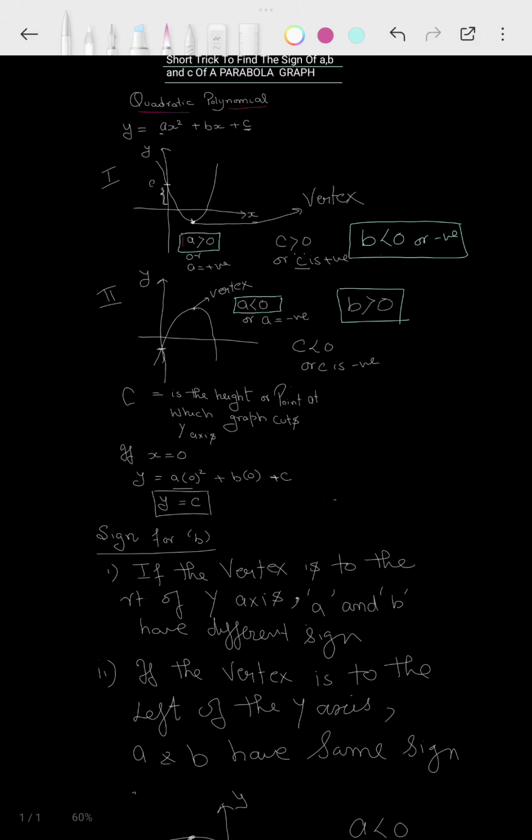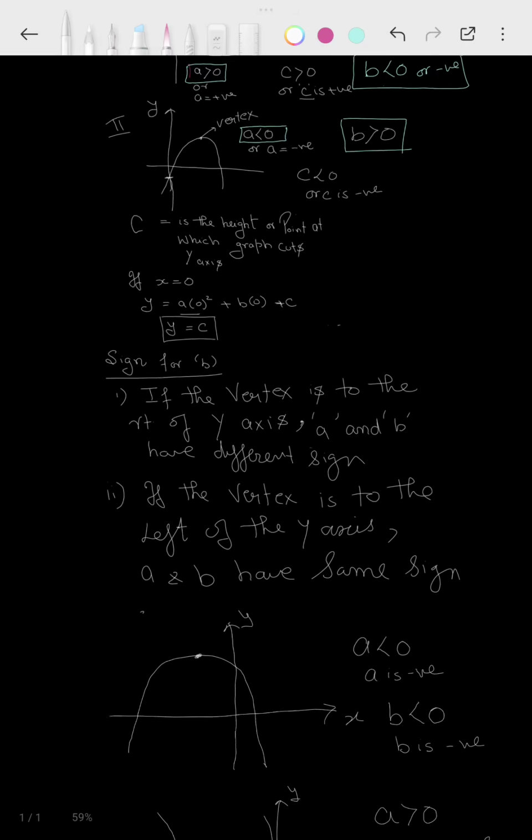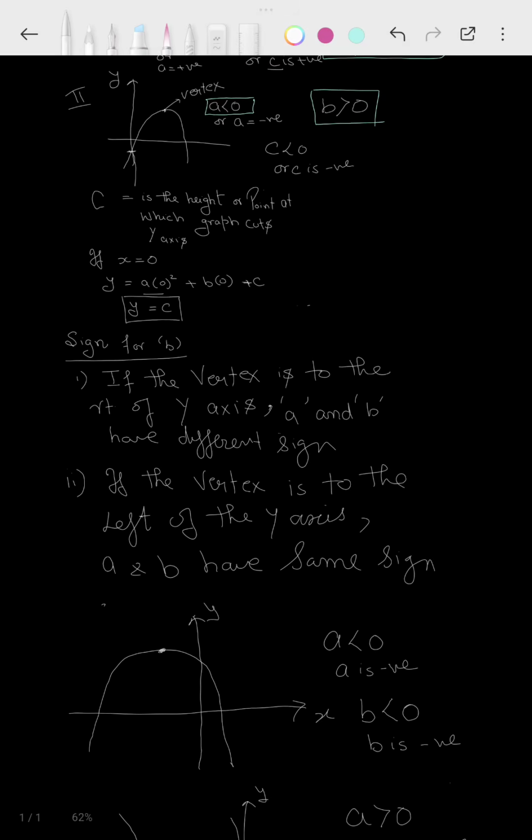That is called intercept. So intercept, we obtain it on y-axis where x is 0. Then for the sign of B, just notice where the vertex lies. If it lies to the right side, then the sign will be different from A. And if it is lying on the left side, the B will have same sign as A.